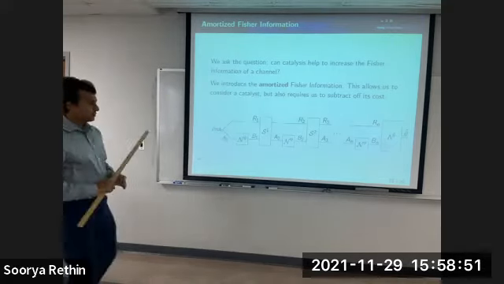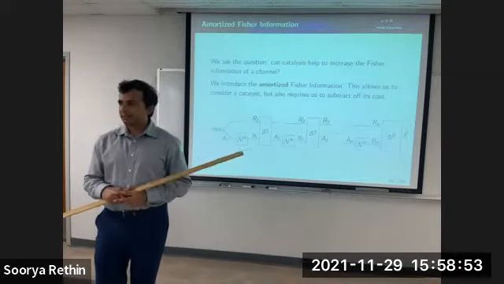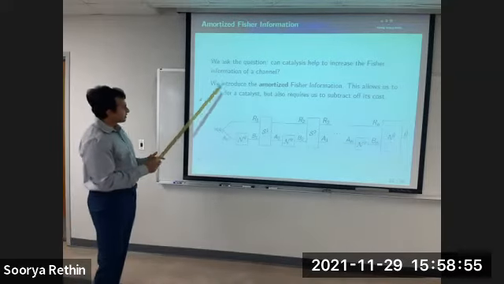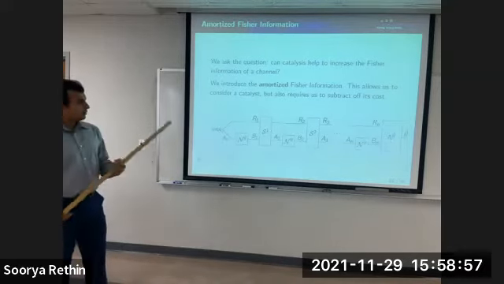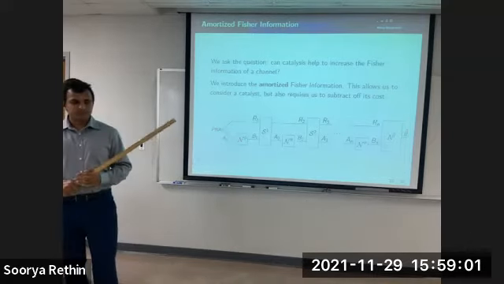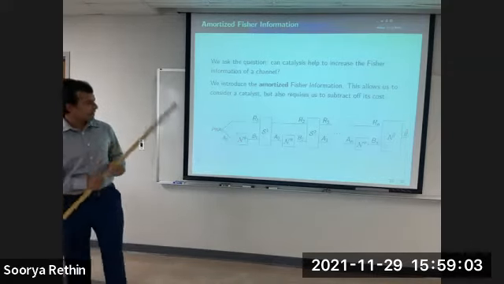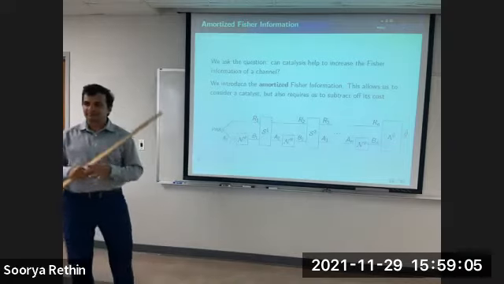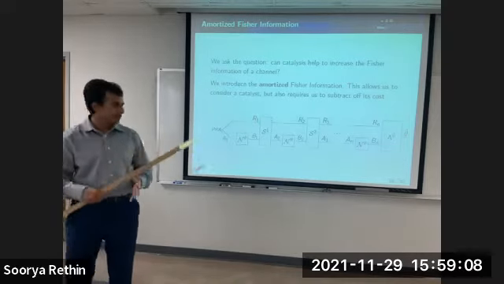What this quantity allows us to do, and I will define it in the next slide, is consider a catalyst, and it also requires us to subtract off the cost of the catalyst, which is why it gets its name amortized. That's why the concept is called amortization.